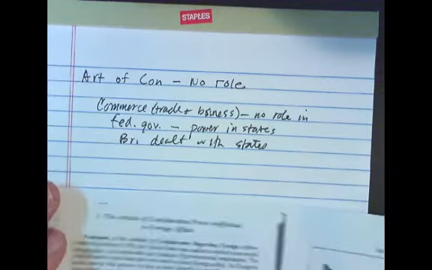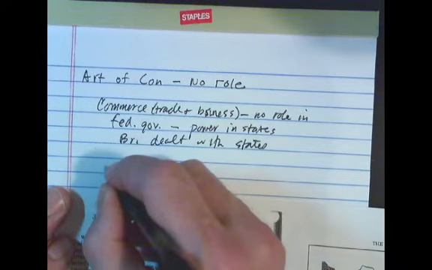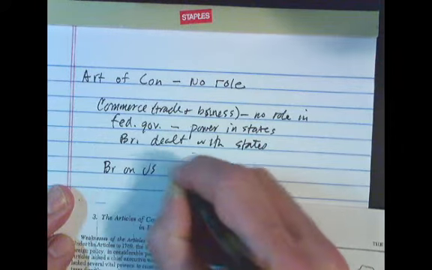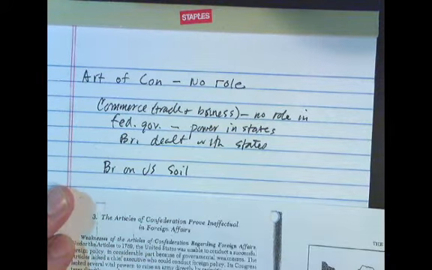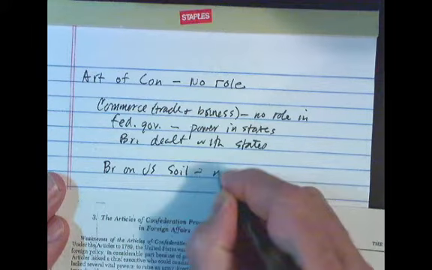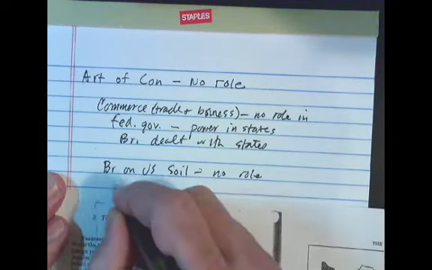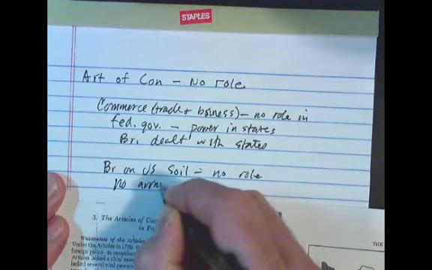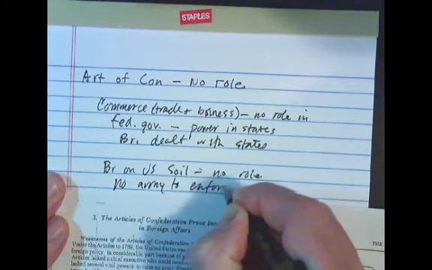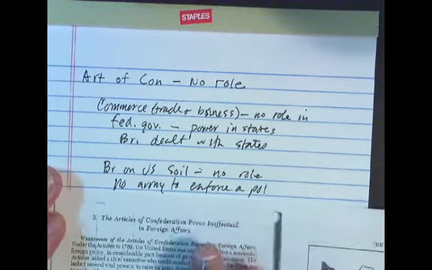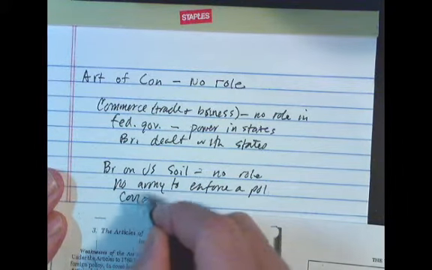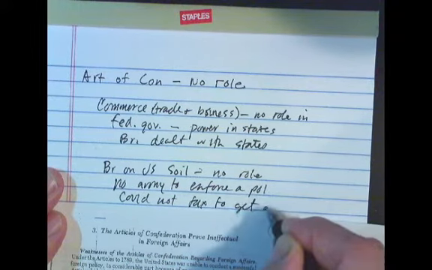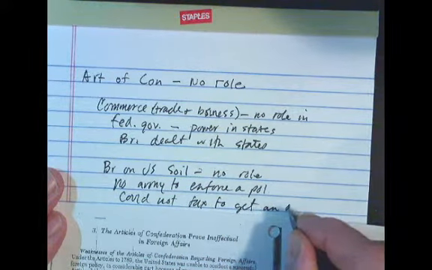And there was no role of the federal government because there was Britain on U.S. soil, and no role because the U.S. had no army to enforce a policy, and could not tax to get an army to enforce a policy.